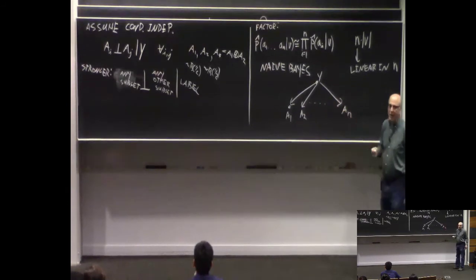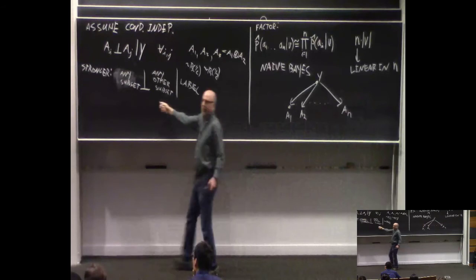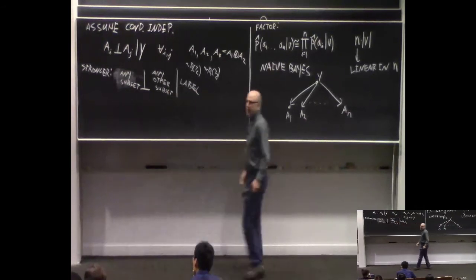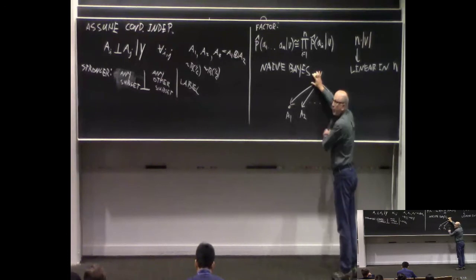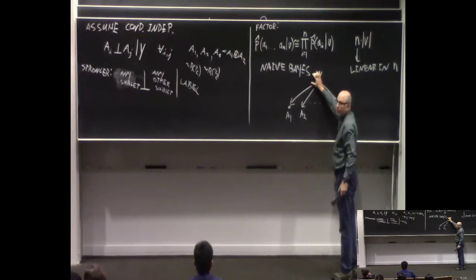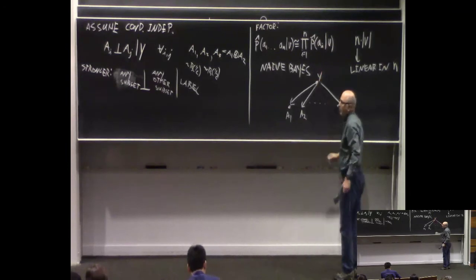We'll come back to this graph. This captures this assumption. It says that when you condition on Y, all of these are independent of each other, just like when you condition on grade level, shoe size and math are independent of each other.